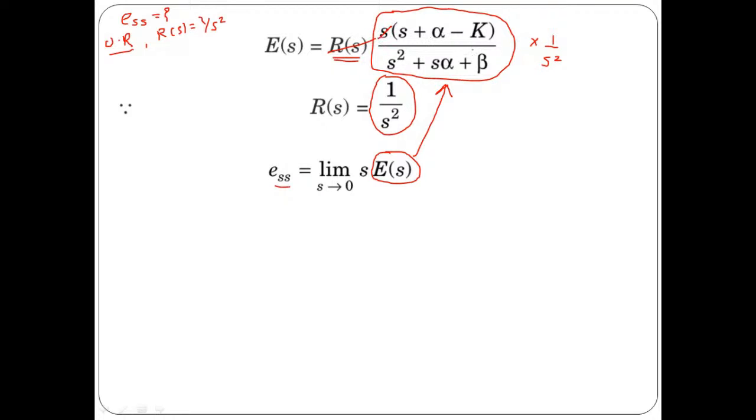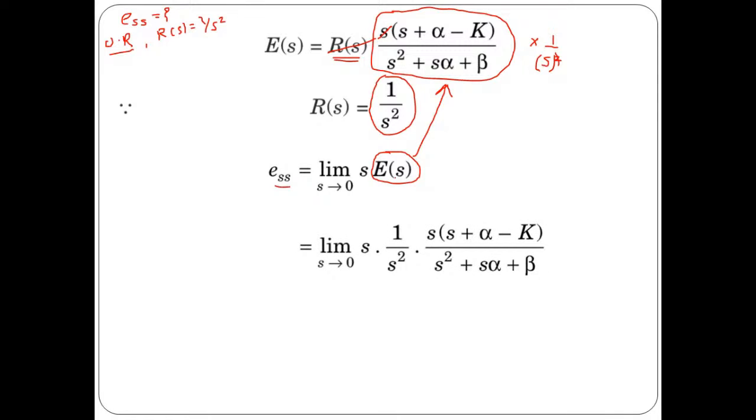So this s and this s square get cancelled. So here we have s in the denominator, and here this 1 upon s into entire structure we need to put over here. So if you solve this, you will get this as an output. So here E(s) is nothing but 1 by s square into s.